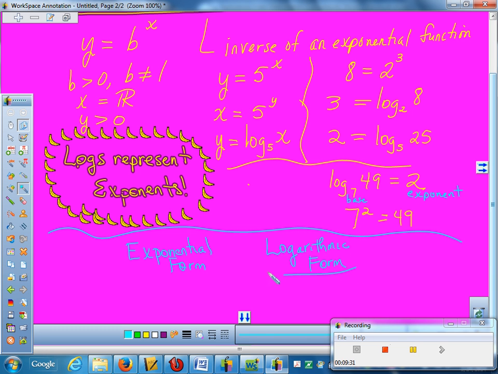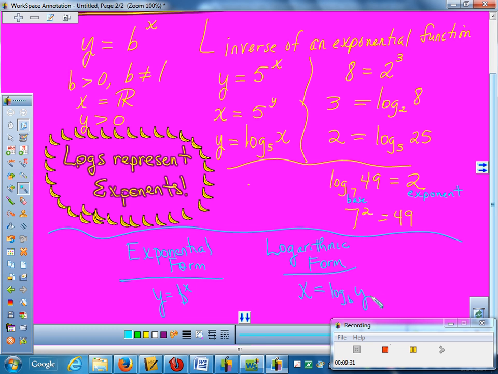This is just the general formula. If you have something in exponential form, b to the x power equals y, how do you write it as a logarithm? x equals, because you're solving for the exponent, log base b of y. That's how you interchange between the two.